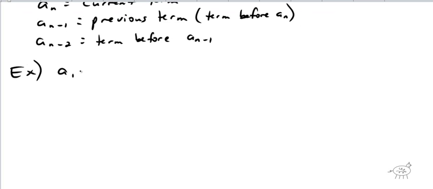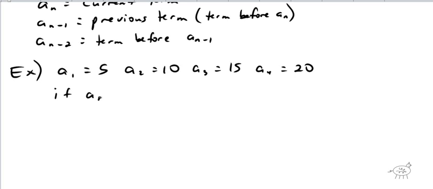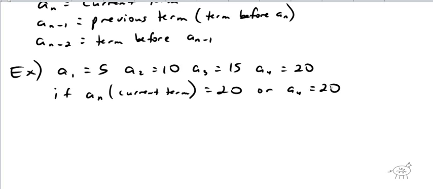If I tell you a sub 1 is 5, and a sub 2 is 10, and a sub 3 is 15, and a sub 4 is 20. If a sub n, which is my current term, equals 20, or a sub 4 equals 20, right?